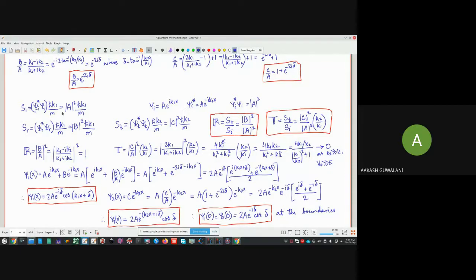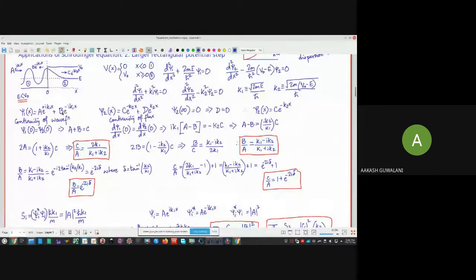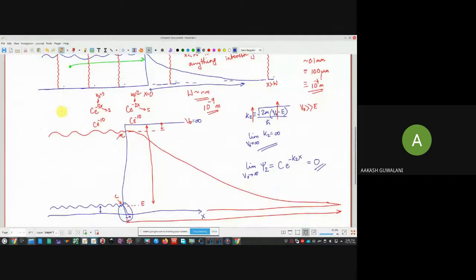Sir, the barrier we are talking about, can we say that V naught is equal to E is the condition at the barrier? V naught is equal to E. Sorry? सुनाई नहीं दिया मुझे. V naught equal to E will not basically. Okay, K2 is equal to 0, you are telling.